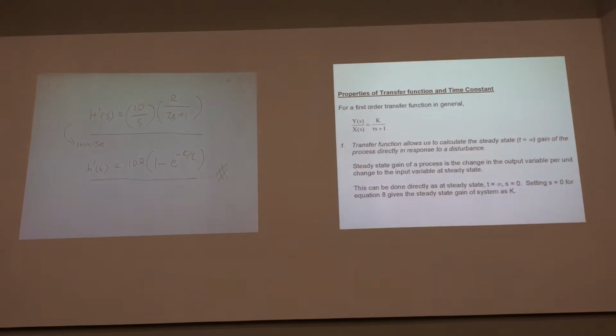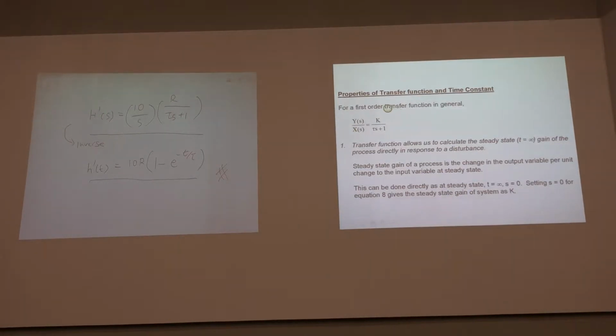So I change it to Y divided by X equals K divided by tau s plus 1. So Y is output, X is input, and K is what we call the steady state gain. We'll go through this one later.